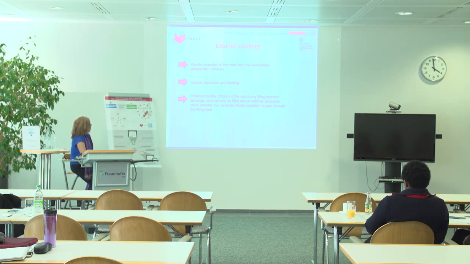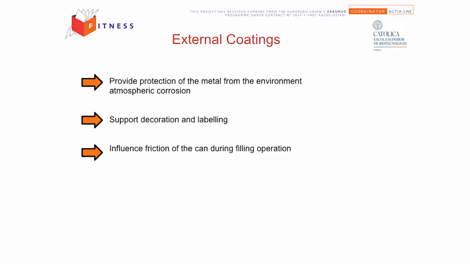And it's also important to reduce friction. They act as a lubricant to make the cans pass through quickly in the machines during filling operations. So it's also important there.